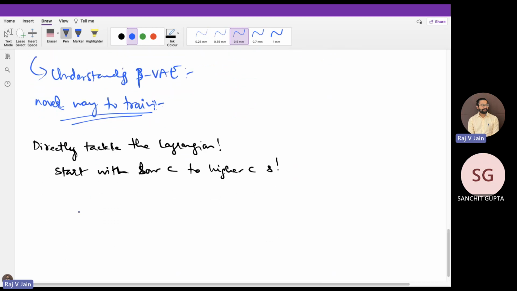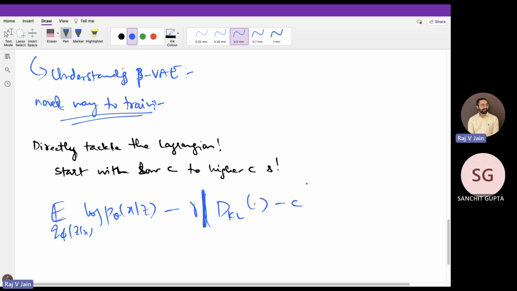So the idea is that we have the Lagrangian, right? So we have the expectation over z given x of log p theta of x given z, minus some gamma times a KL, minus some c.